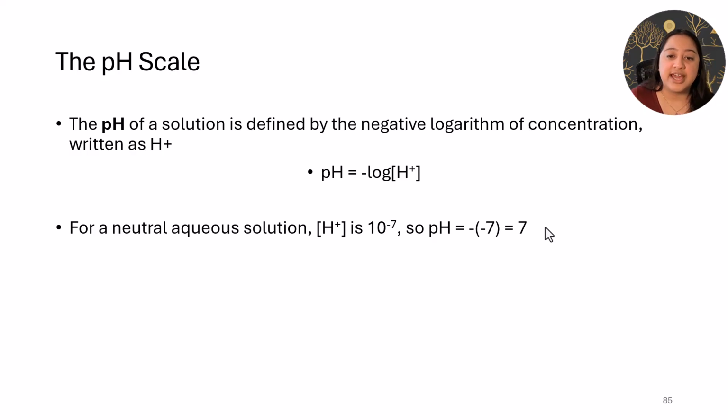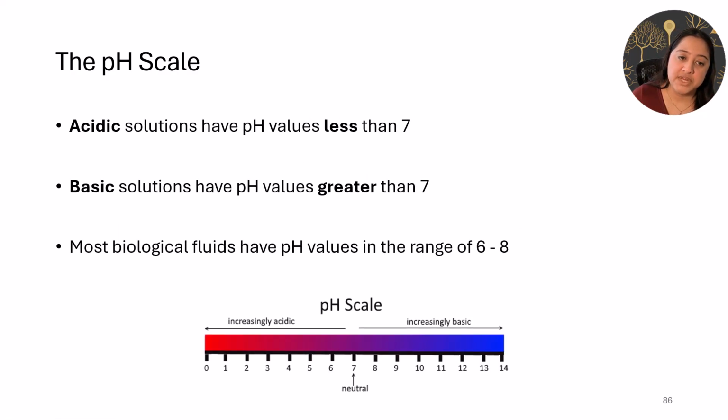And if you add an acid or a base that changes that concentration, then that's going to change the pH. Acidic solutions have a pH of less than 7, and basic solutions have a pH greater than 7.